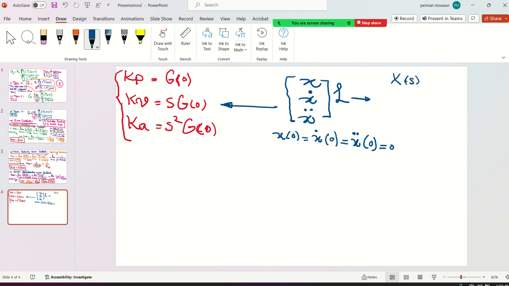X of S, now you know it. One time derivative gives S X of S. Another time derivative gives S squared X of S. In analogy, this is your position, a derivative gives you S G of S, and acceleration is S squared G of S. That's why we name it position, velocity and acceleration. A very simple analogy.